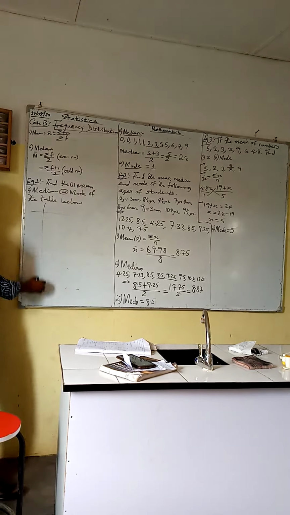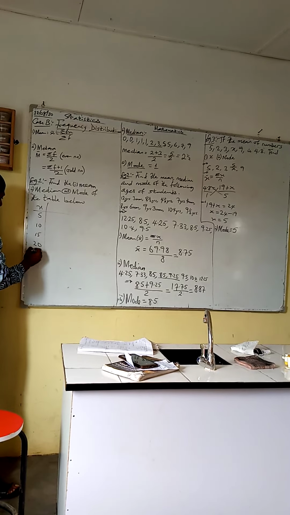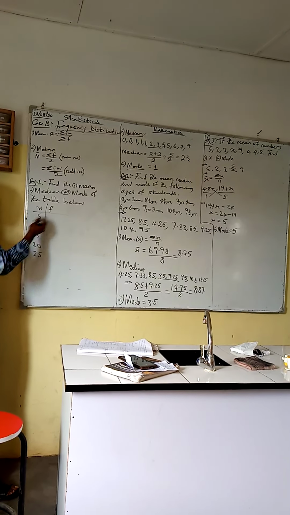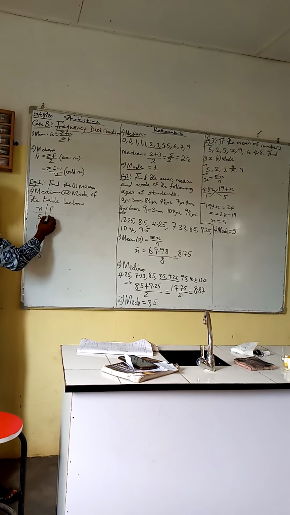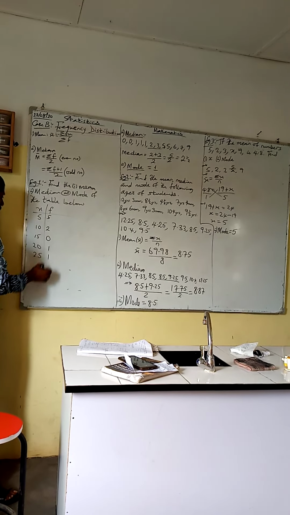The table has values of x: 5, 10, 15, 20, 25. The number of times they occur are 5, 2, 0, 1, 1.